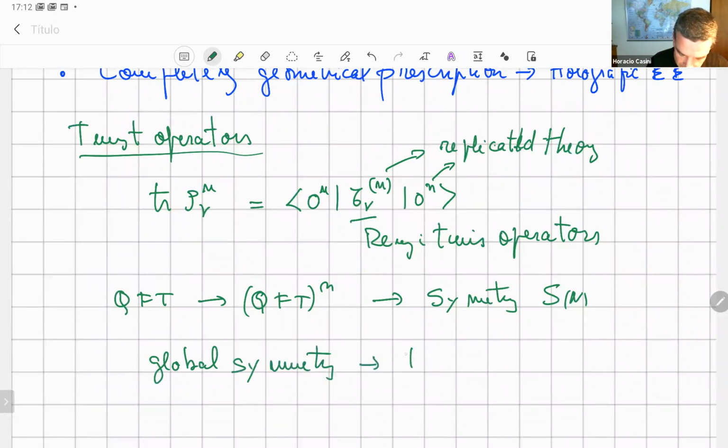And once you have a global symmetry, you always have these twist operators. For any of the operations of the symmetry, or any of the elements of the group, you have these twist operators. What are these twist operators? They are just operators that implement the symmetry only in a region of the space.